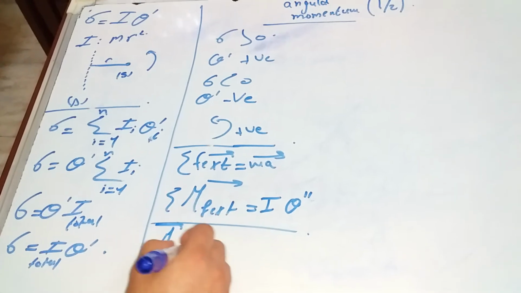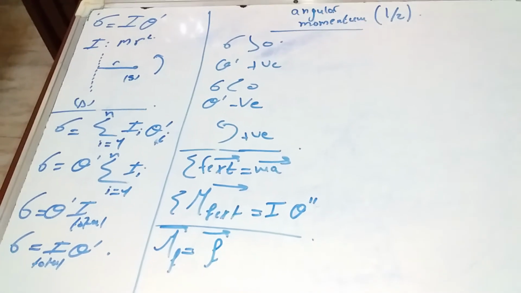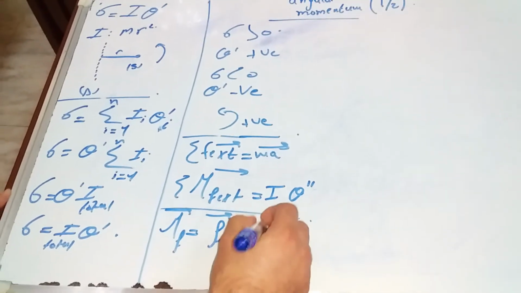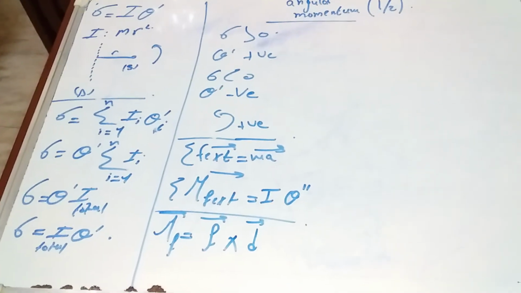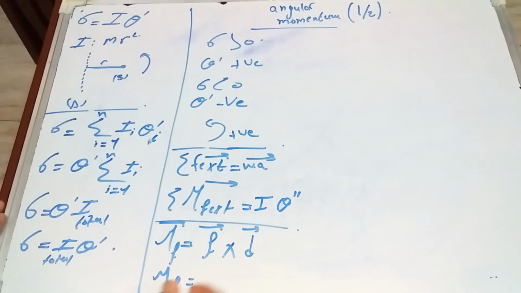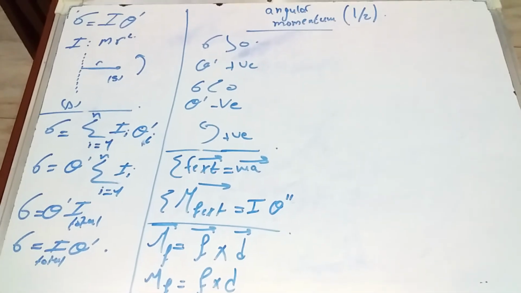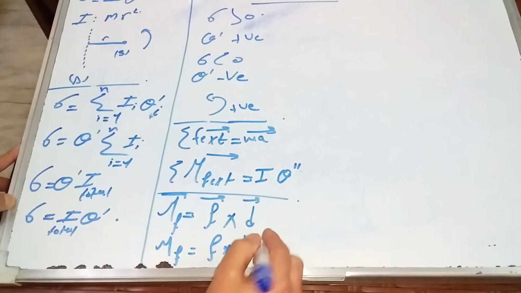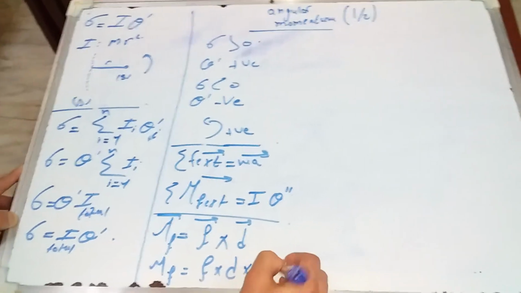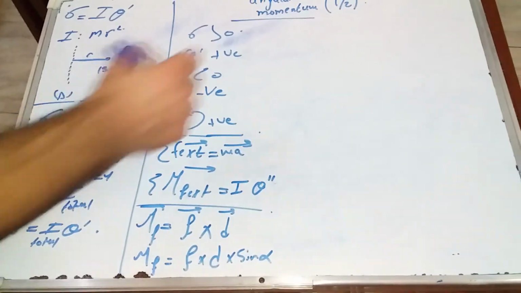The moment of a force is equal to the force itself crossed with the distance, and its quantity is equal to the force multiplied by the distance away from the axis of rotation multiplied by the sine of the angle alpha between the force and the distance.